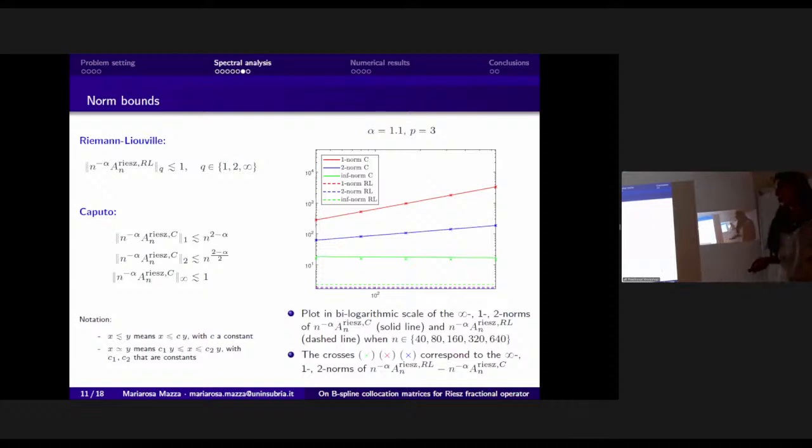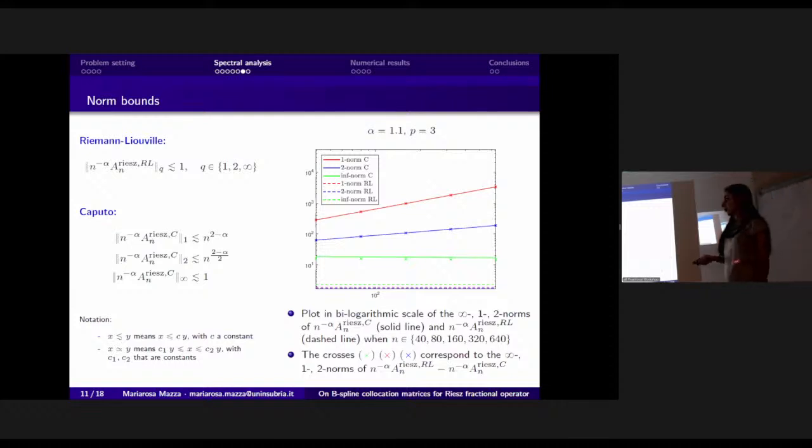And what we showed was that in the case of Riemann-Liouville, all these norms are always bounded by a constant. It is confirmed in this picture here by a logarithmic scale plot, where the Riemann-Liouville norms are the dashed lines, and you see they are all constants at the bottom of this picture.